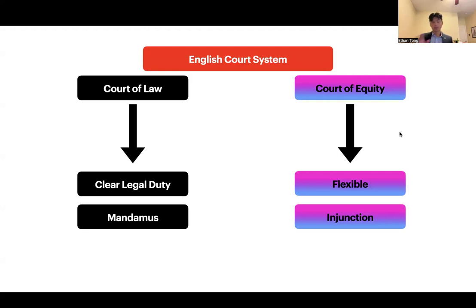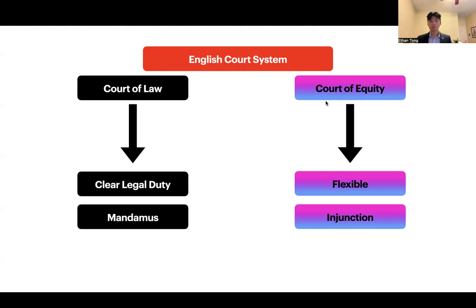Now let's talk about court of equity. Again, we'll cover these in more detail. We're just touching the surface, so if you don't fully understand them, just keep listening. I've made court of equity more colorful because I want you to think of courts of equity as much more colorful. Courts of equity are supposed to be flexible, in contrast to black and white courts of law, where a proclamation would come about something that's clear and indisputable.